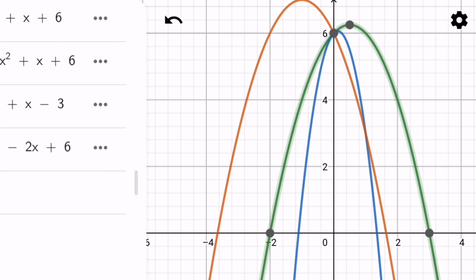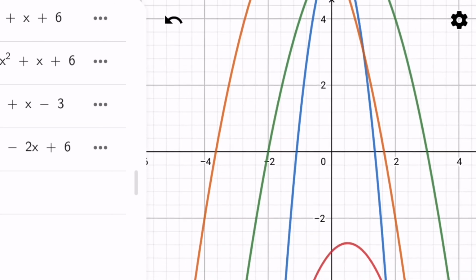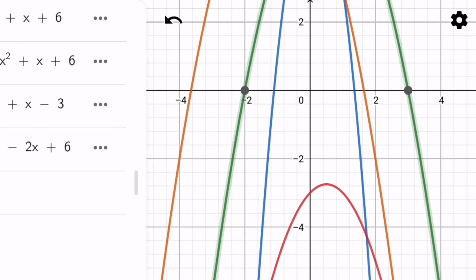So it looks like the orange one becomes wider, the maximum point becomes higher, and the graph translates to the left, right? And finally, when we change the intercept, the graph will translate downward.